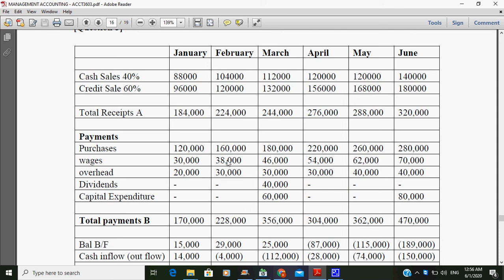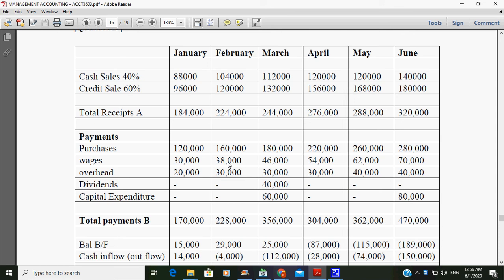And then you have the wages of 38,000. Remember that the wages is divided into two things: 25% from the previous month and 75% from the current month. Good. So therefore, this would have been 25% of 32,000 first, which is 8,000, right?